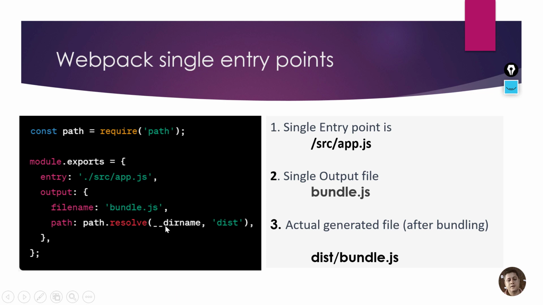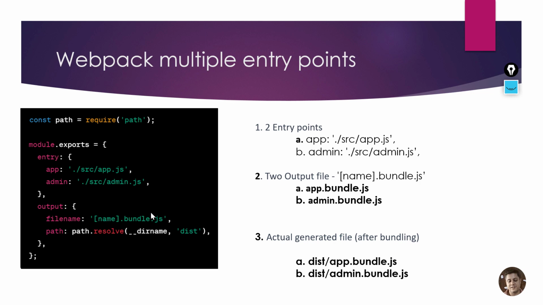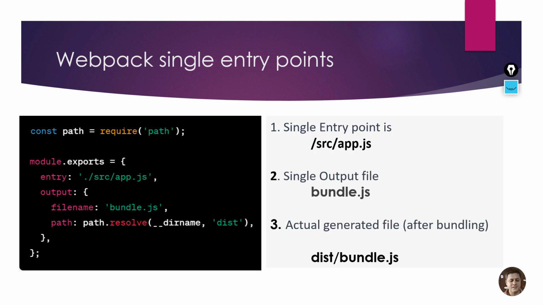So what I am saying is, current directory, make the folder as dist and put this bundle.js inside this dist. Okay, so whenever you run this Webpack, what will happen? It will create a dist folder and it will put bundle.js, and that bundle.js will run with the help of index.html also. Don't worry.